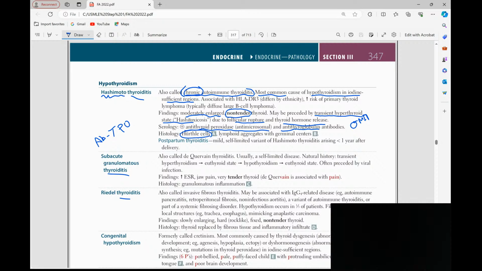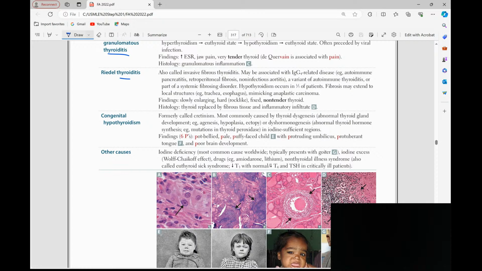H, remember H for H, Hurthle cells. This has been asked many times. You'll see the picture. Though histology is not important, they just ask, like, a Hurthle cell is seen in, or is a diagnostic feature of, this. So this is a Hurthle cell, and if you are planning to take exams in India or the US, then this picture is very, very important.